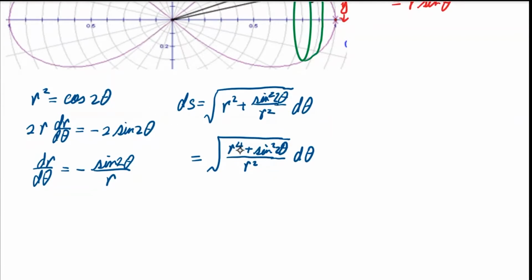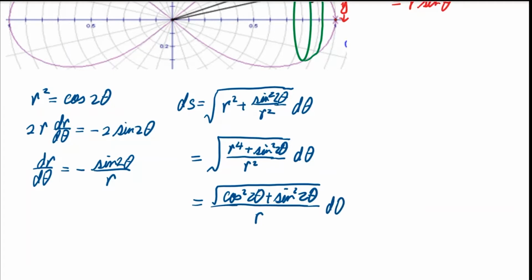Okay, r squared is this, so we will have cosine squared 2 theta plus sine squared 2 theta. Aha! And we'll put the square root over r, square root of r squared. Do you see that's 1? I told you good things happen to those who wait. So this is 1 over r d theta.